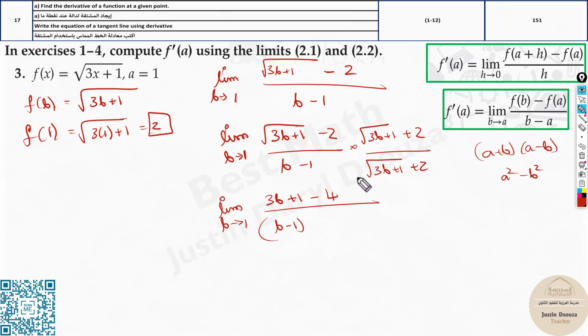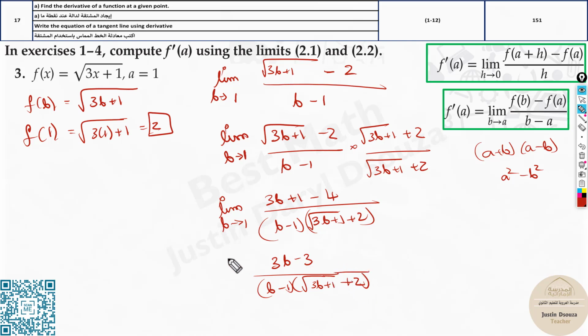Okay, but what next? Here we have this entire thing, 3b plus 1, which is inside the radical, plus 2. So this is another term altogether. It's multiplied to b minus 1. Now let's simplify here. We have 3b minus 3, denominator is b minus 1, and radical 3b plus 1, all under radical, plus 2.